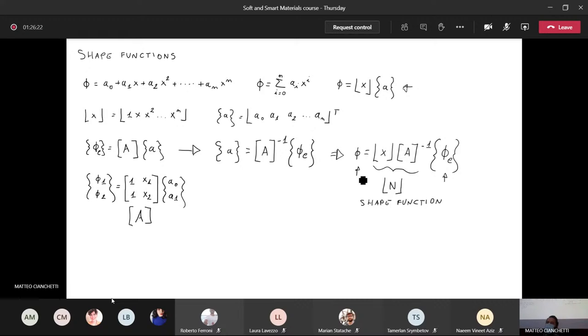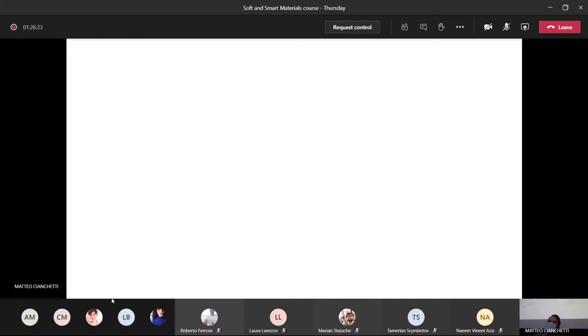Okay, so what happens outside the element? Let's start with some definitions. It is a matter of continuity, as I anticipated. We can define C^m continuity to describe the transition between two elements.